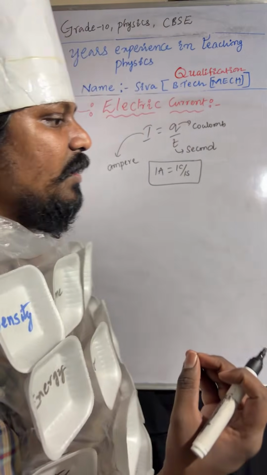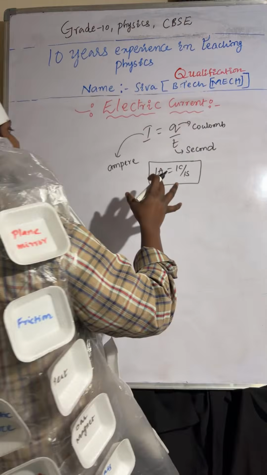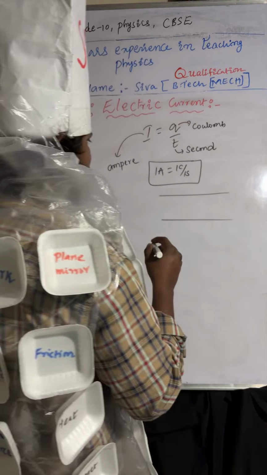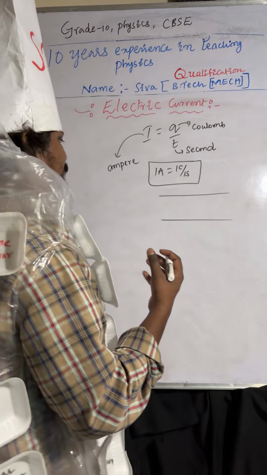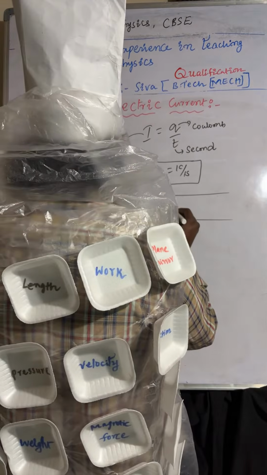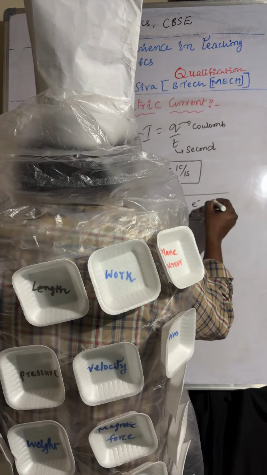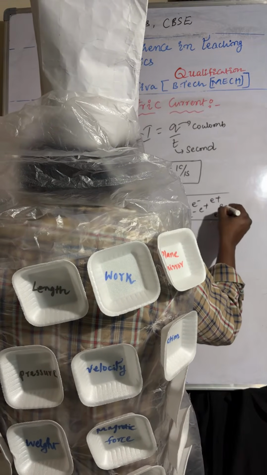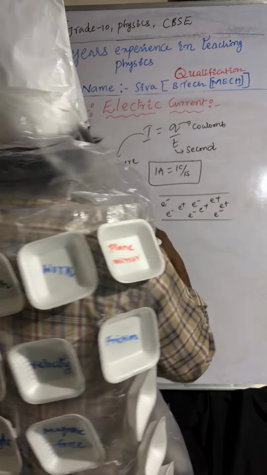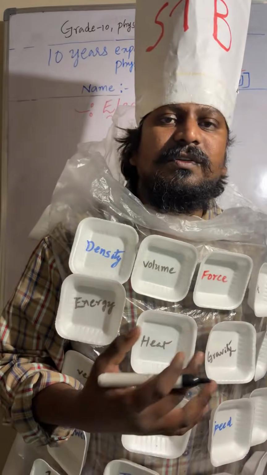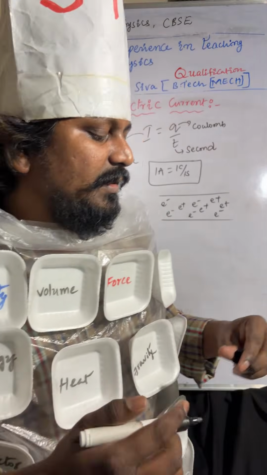Understood or not? Now you can observe here, I'm taking a conductor. Inside the conductor, charges are moving. Can we say current is flowing if only 1 electron flows? Only 2 electrons? Only 3 electrons?